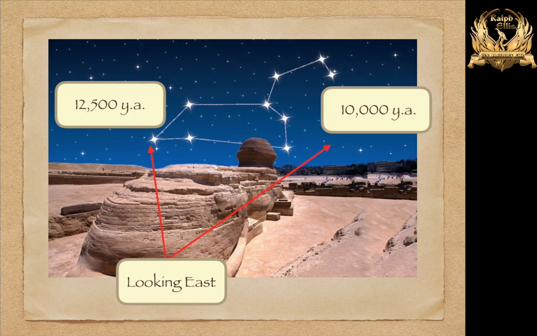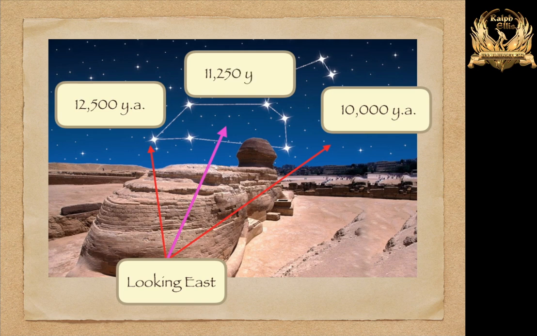That's the date that everybody knows about, when we're entering the constellation of Leo at the vernal equinox. What I'm taking here is actually the median between the two, so the center point, which is about 11,250 years ago. And this is not the same as we've just calculated from the layout of Giza and Dashur. We're over 2,000 years different. So they don't agree.